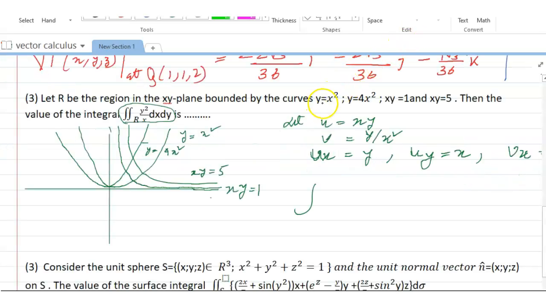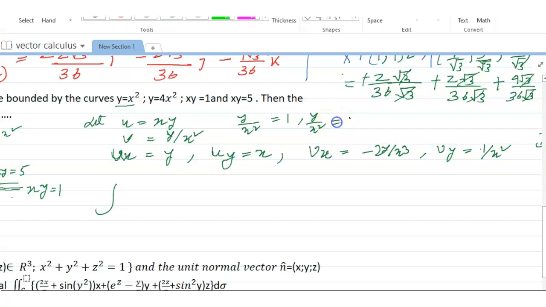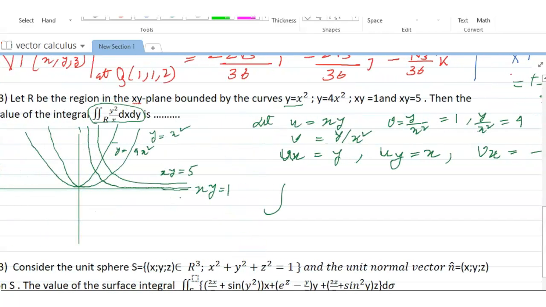Now y by x square equals to 1, and y by x square equals to 4, and xy equals to 1, and xy equals to 5, means u is equal to 1 and u is equal to 5, and v is equal to y by x square. So these are the conditions.